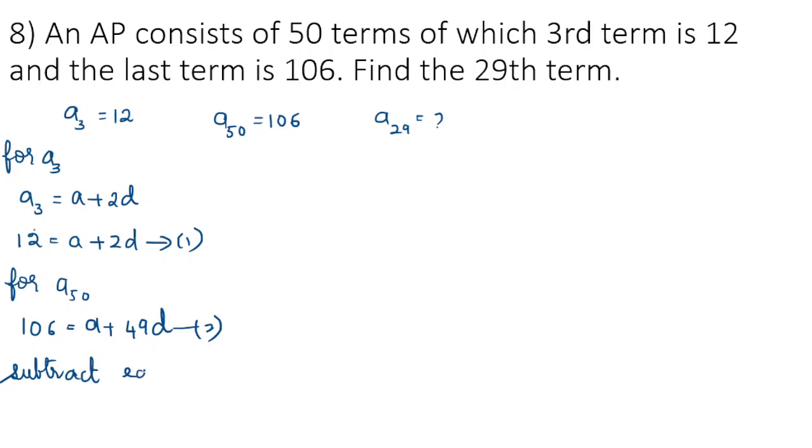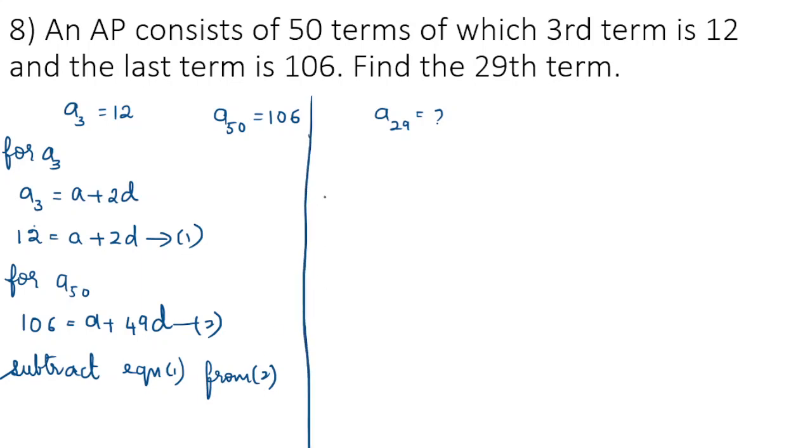Subtract equation 1 from 2. So we'll write equation 2 first: 106 is equal to A plus 49D and 12 is equal to A plus 2D. Whenever we subtract, the sign changes.